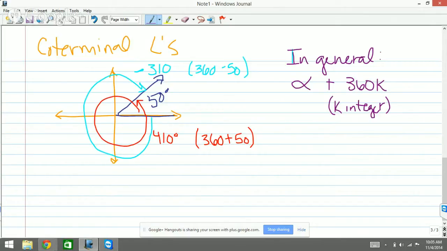So what was alpha in this problem? 50. And what was k here? 1. So 50 plus 360 times 1 is 410. Where do you get 1 from? K is the number of rotations, basically.